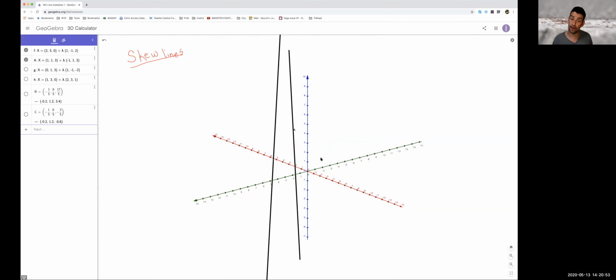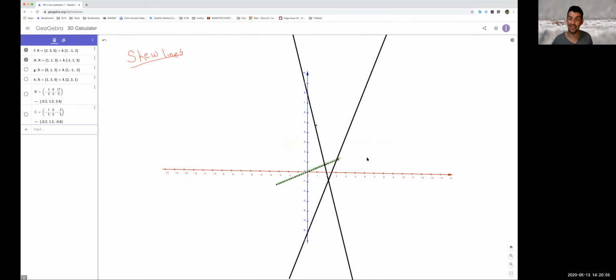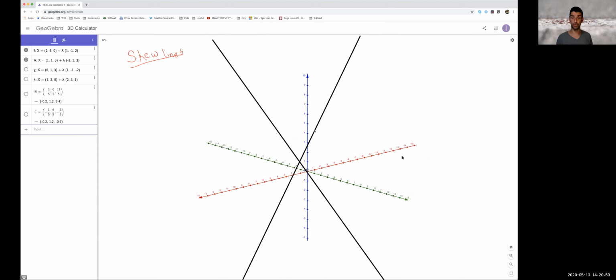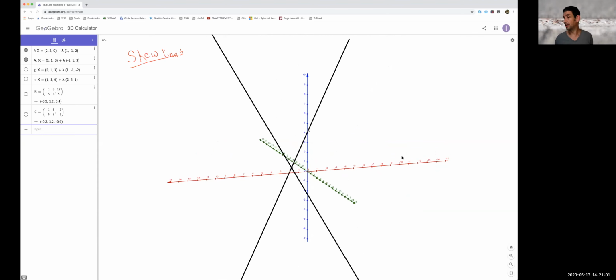If you do remember, when we looked at their direction vectors, the x and y components of v1 and v2 were scalar multiples of each other, right? The direction vectors for these two lines, we had v1 was 1, -1, 2, and v2 was -1, 1, 3, right?